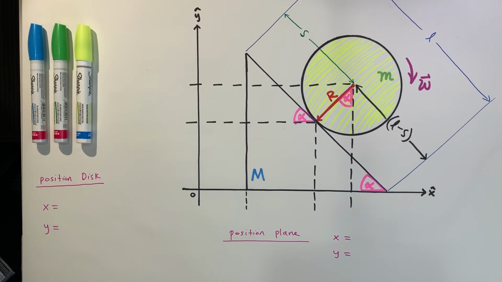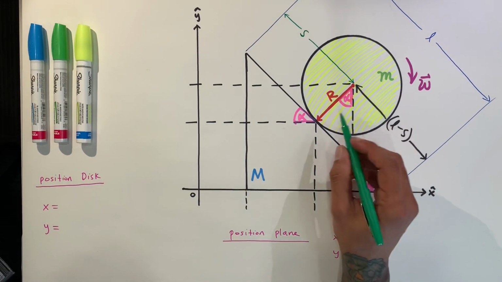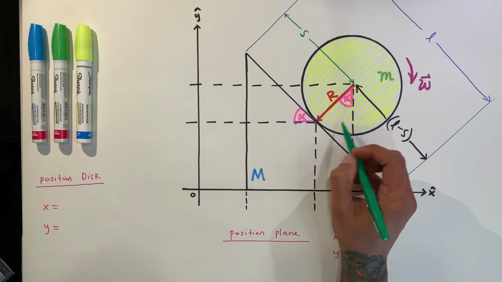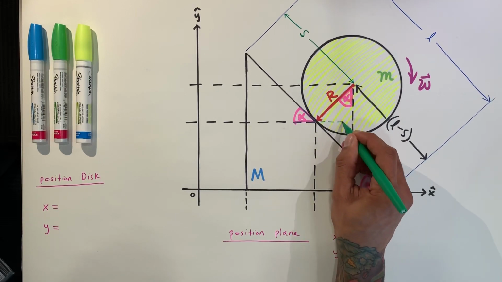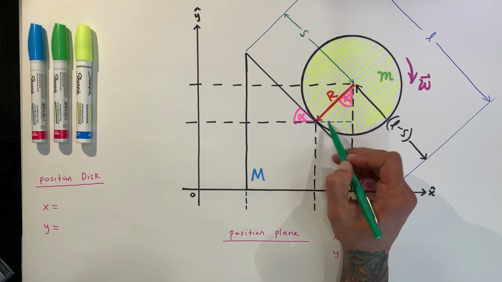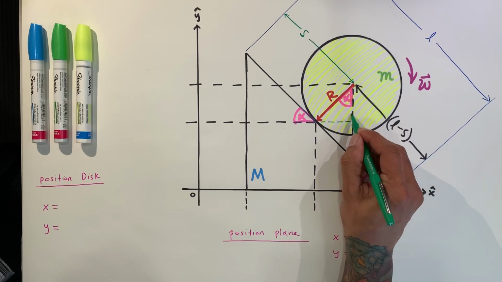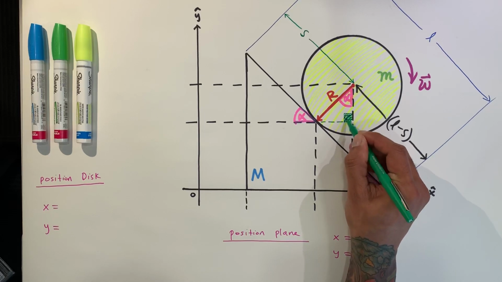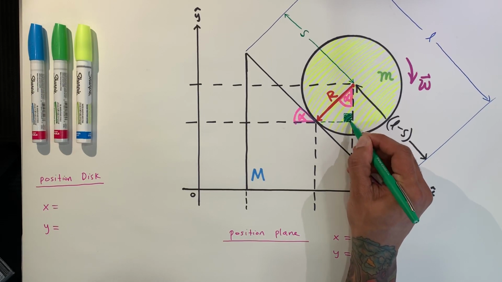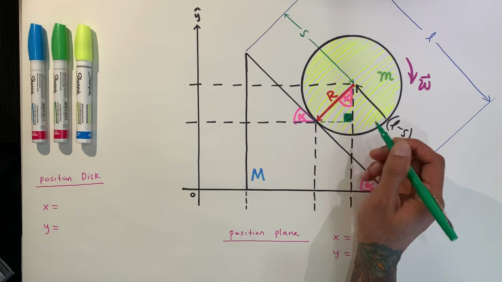Let's also close up one more piece. On the inside of this disc, I'm going to draw a little line here, making this a little triangle that we can use, because now we have a 90-degree angle and we can use some trig identities.